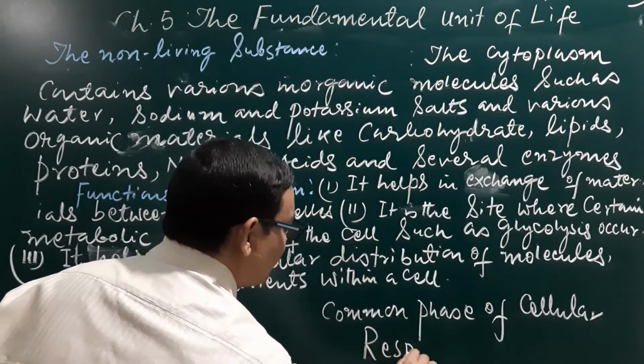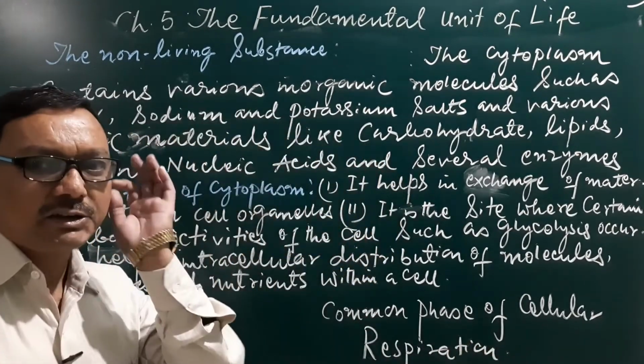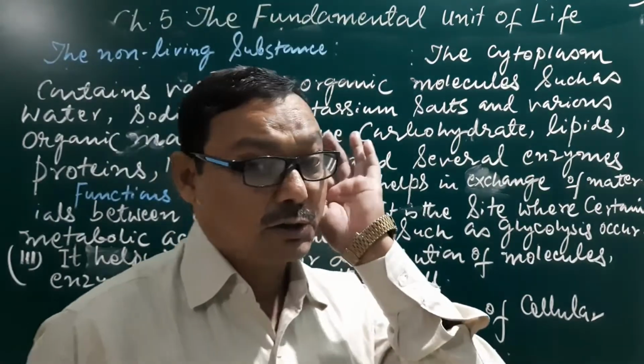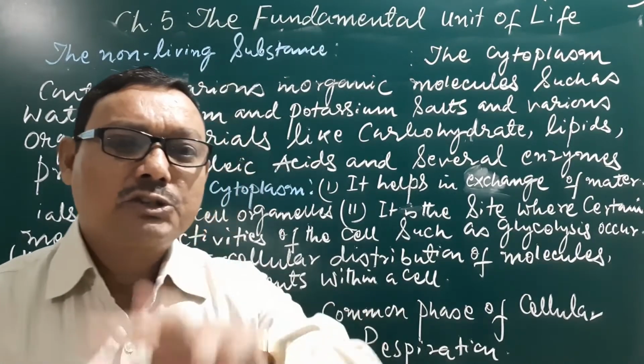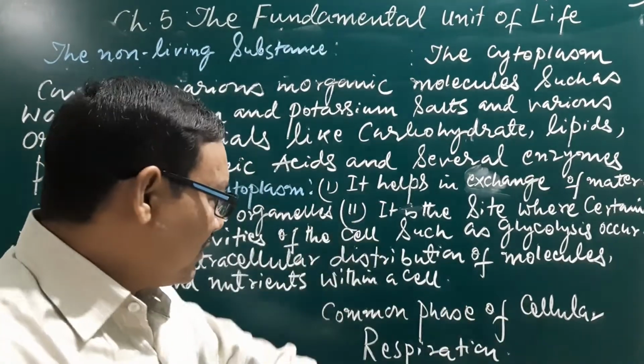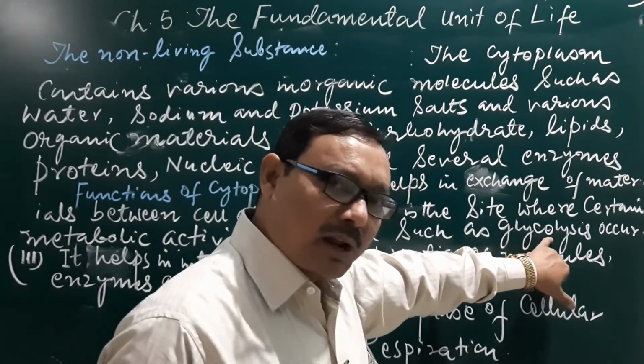During the process of respiration, when the oxidative breaking down of the glucose molecule takes place, that will happen in two different phases. The first phase is known as glycolysis, which occurs within the cytoplasm.